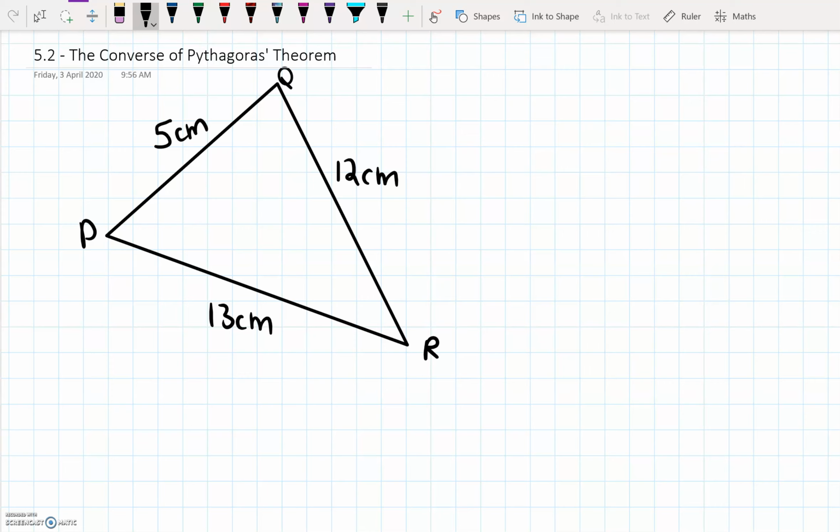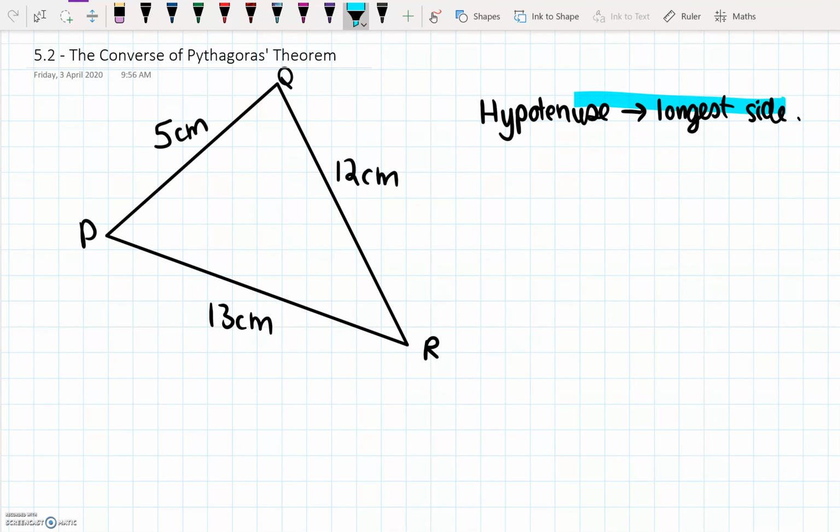When we're doing that, the first thing is, remember we always said that the hypotenuse is the longest side. That's really important when you're doing this converse theorem. It's the first thing you need to do.